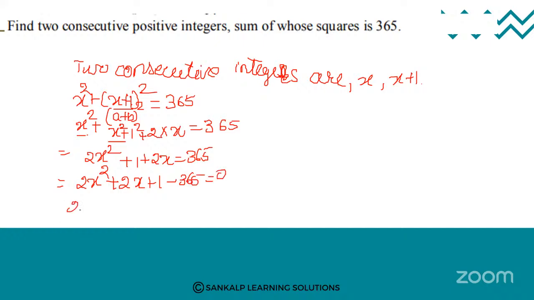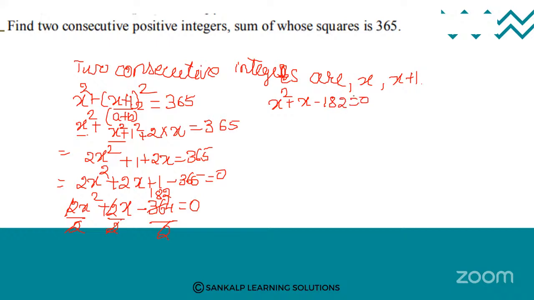So 2x square plus 2x minus 364 is equal to 0. Now all numbers are divisible by 2. Observe here. So all numbers are divisible by 2. 2 and 2 will get cancelled. 2 ones are 2, 2 2s are 4, 2 8s are 16. That means you will get x square plus x minus 182 is equal to 0.